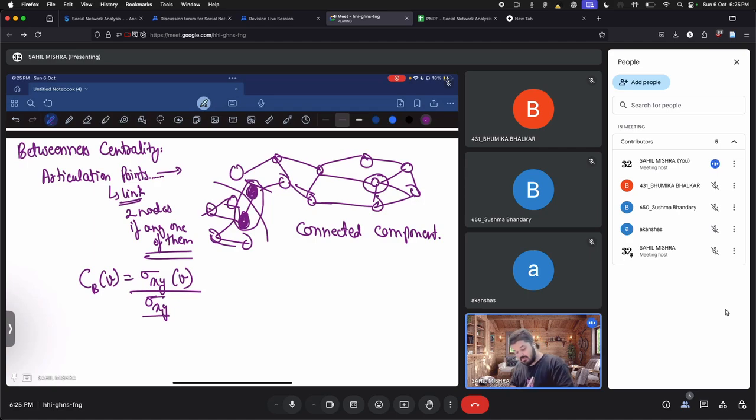This is for all x and y belonging to V, where x is not equal to V and V is not equal to y. You see, they have taken two nodes here to check for articulation points. You take all the nodes in the graph: I take this node and this node, then this node and this node. So it is an n squared complexity thing.